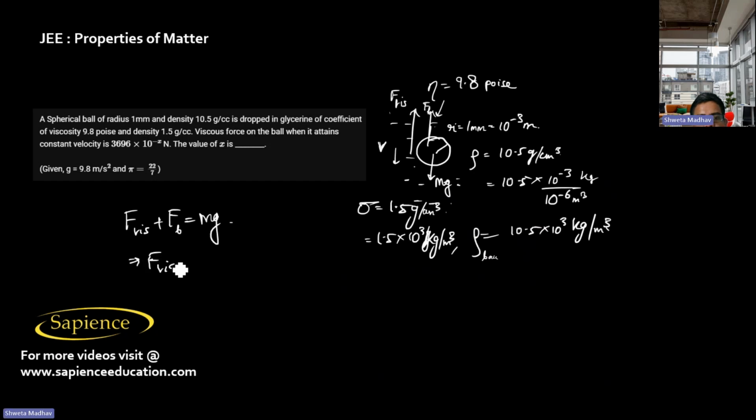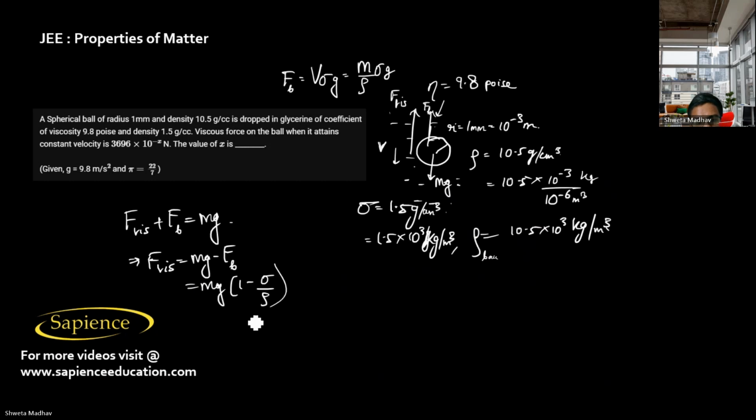So the viscous force will be equal to mg minus Fb, where Fb is the buoyancy force or upthrust. So Fb is V into sigma into g, where V is m by rho, so m by rho into sigma into g. So this will be mg into 1 minus sigma by rho. And that value has been given as 3696 into 10 power minus x Newton. So then the value of x we have to find out.